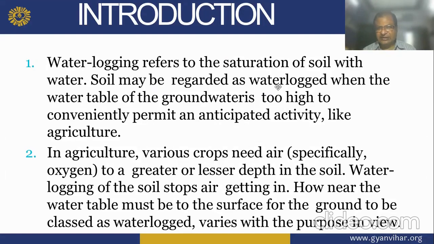In agriculture, various crops need air, specifically oxygen, to a greater or lesser extent and depth in the soil. So waterlogging of the soil stops air getting in, and how near the water table must be to the surface for the ground to be waterlogged varies with the purpose.